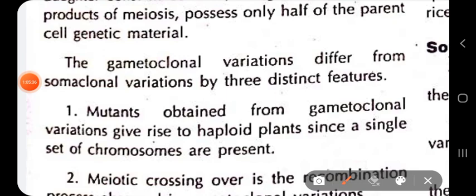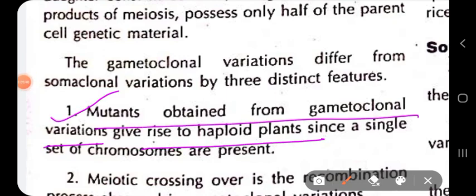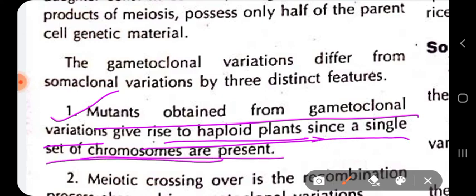The first feature is that mutants obtained from gametoclonal variation give rise to haploid plants, since a single set of chromosomes is present. We have seen haploid plant production through anther culture, pollen culture and ovary culture, the androgenesis and gynogenesis concepts, where we can generate a haploid plant. So the mutants that we obtain from gametoclonal variation are haploid plants, with a single set of chromosomes.